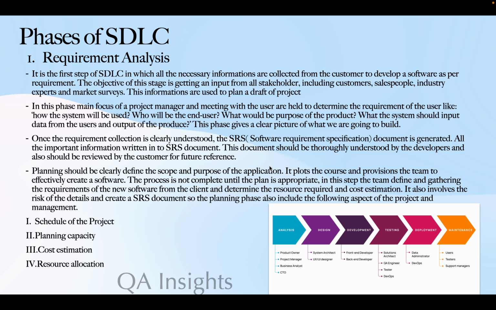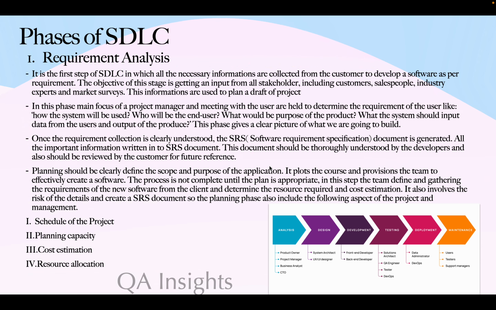So the planning phase also includes the following aspects of the project and management skills. It includes the project schedule, planning capacity, cost estimation, and resource allocation as well. All of this information needs to be included in the SRS document, and it is part of the requirement and planning analysis.